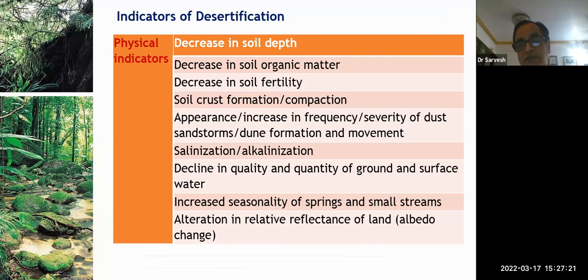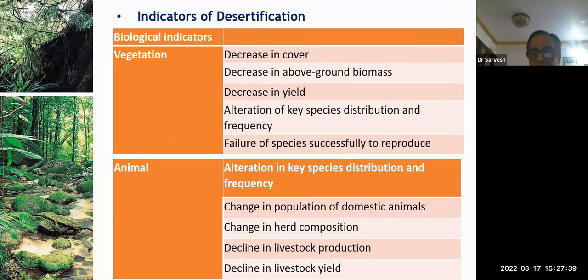Now, how do we measure desertification? Several parameters have been used, again taken from the US EPA site. One is the physical indicators, related to decrease in soil depth, with various sub-dimensions in this category. Another is the biological indicator, which covers vegetation and animals and the impacts of desertification on these factors.